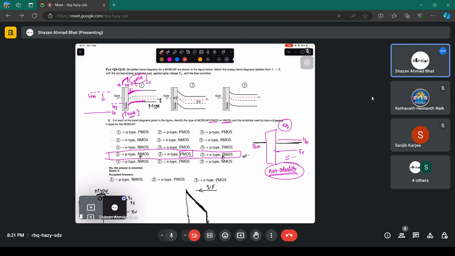If you see this orange curve, this is the Fermi level of semiconductor, and this is the intrinsic level of semiconductor. You see that Fermi level and intrinsic level are crossing each other. Fermi level is getting lower than that of intrinsic level at this region.